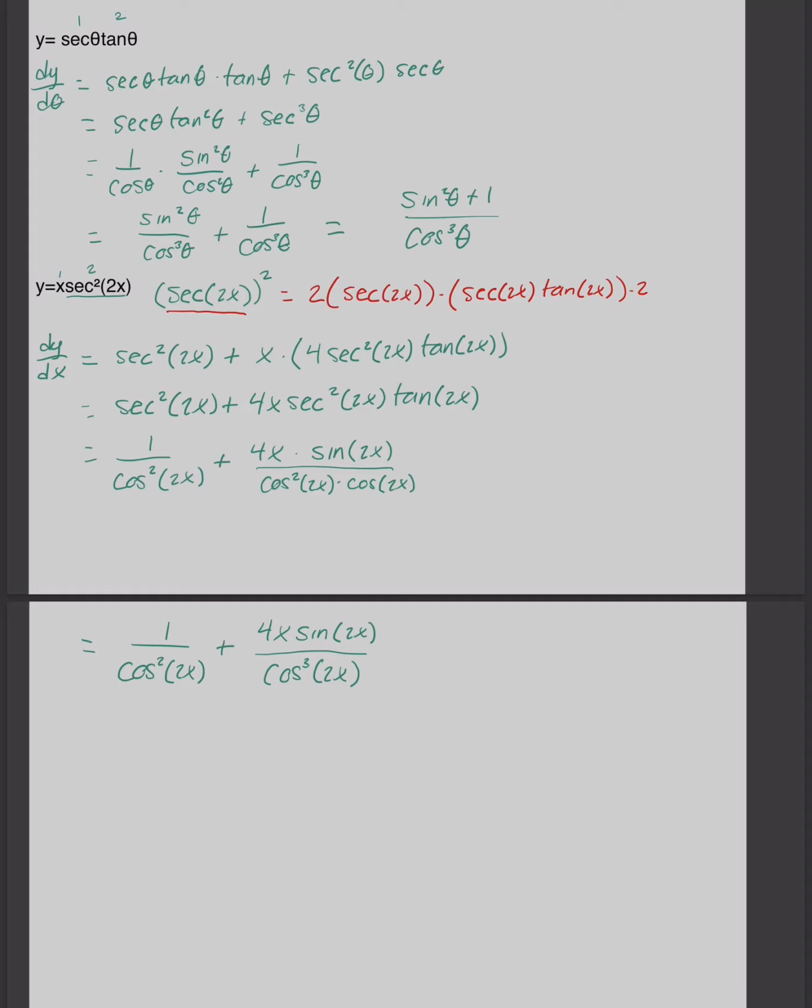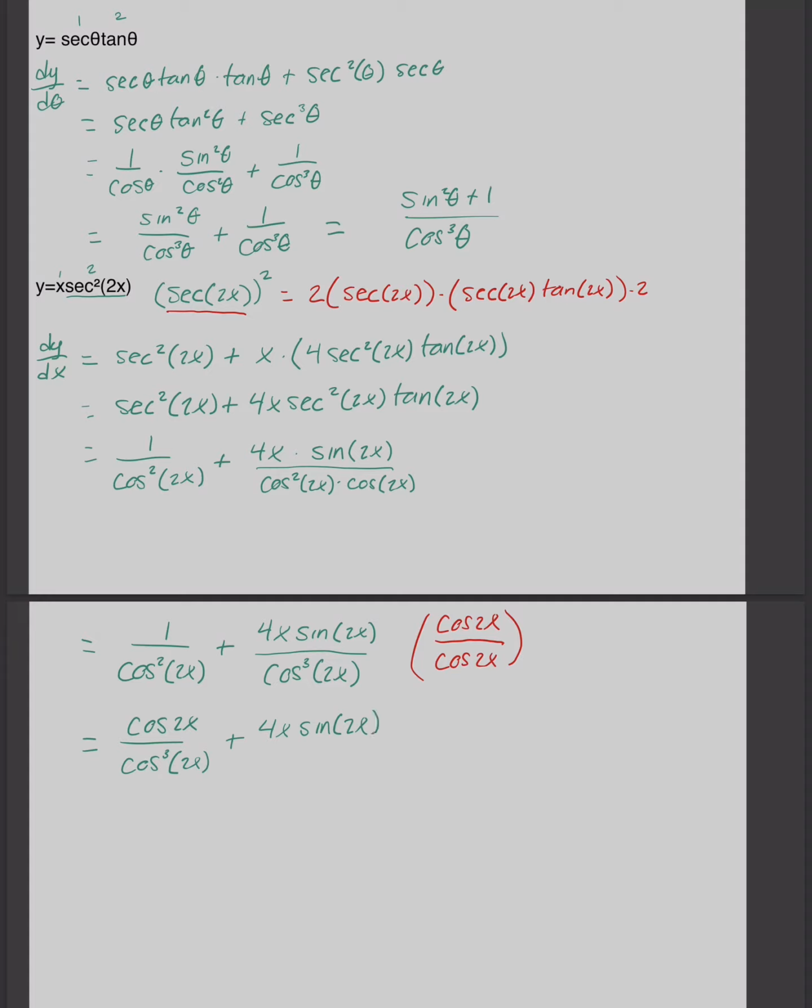Now we can get like denominators. So we'll have to multiply by cosine of 2x over cosine of 2x. So we're multiplying through by 1. So we can get like denominators. And this will equal cosine 2x over cosine cubed of 2x plus 4x sine of 2x.